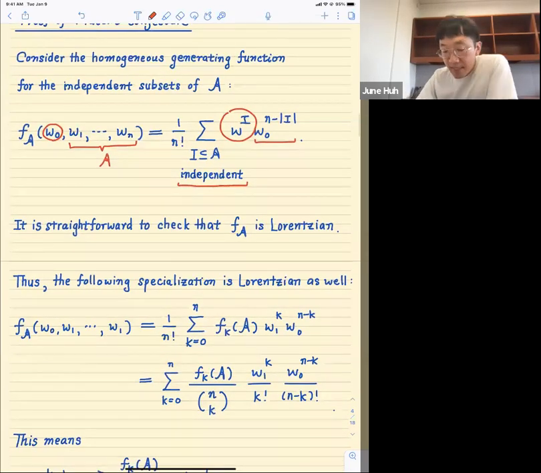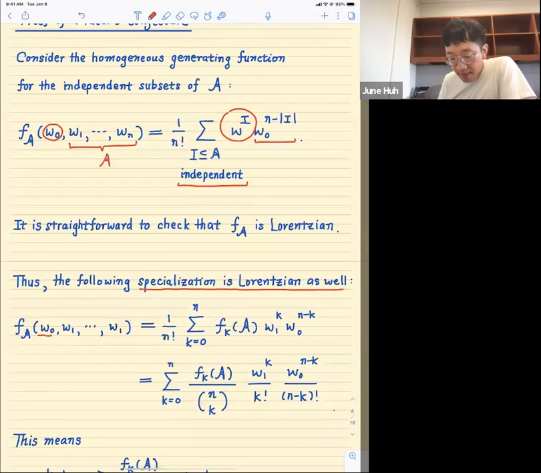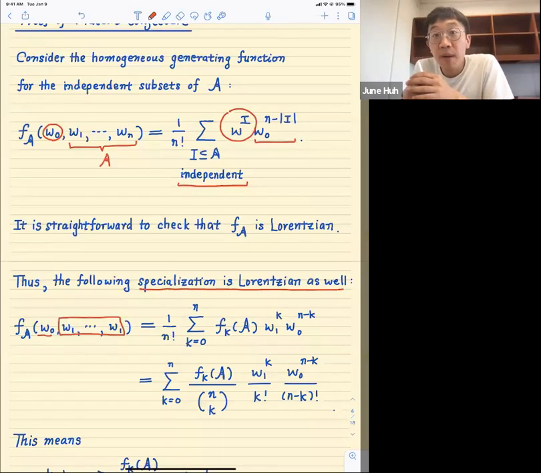If you accept that statement, then it is easy to believe the following reasoning. Therefore, the following specialization is Lorentzian as well, where I keep my W0 and set all the other variables equal to each other. So in the geometric setting, this is like setting all these corresponding nef divisors equal to each other.